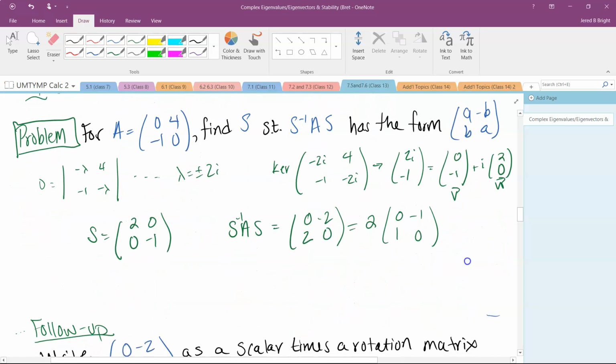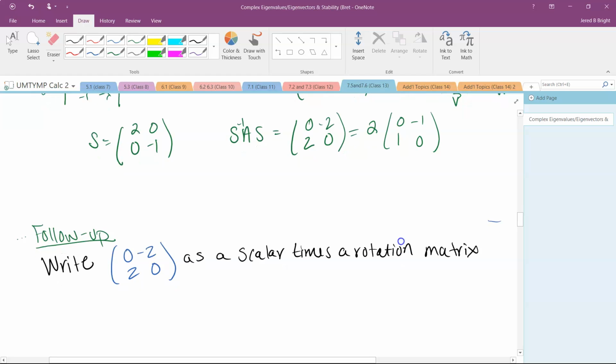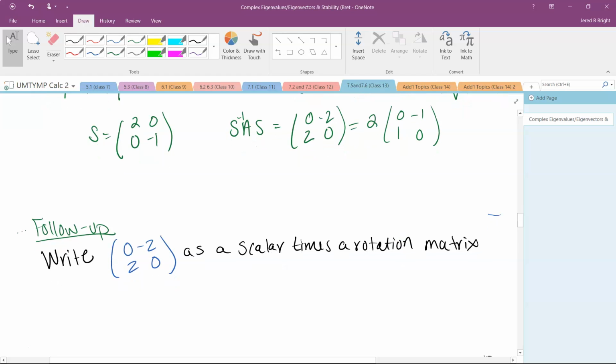If we wanted to, we could write this matrix as a scalar times a rotation matrix, but it isn't quite clear which rotation matrix it is. If we look at just 0, minus 1, 1, 0 and want to write that as a rotation matrix, this would be cosine of pi over 2, sine of pi over 2, and then minus sine of pi over 2, and cosine of pi over 2.